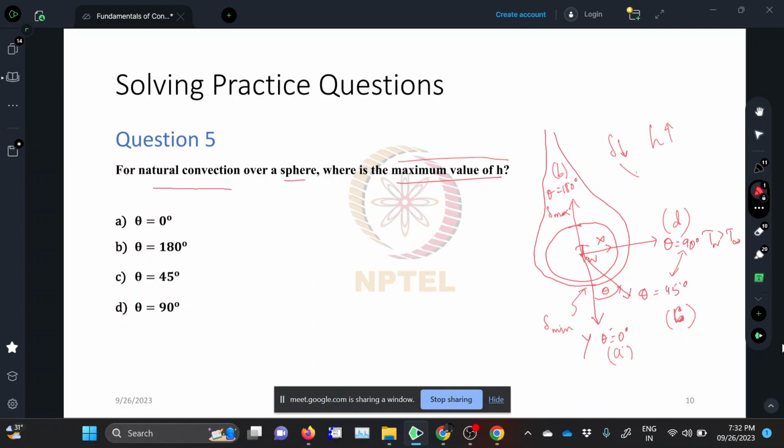So this would mean dou T, dou R would be high, and this in turn would mean that H would be higher, because as we know, H A delta T is the same as K into dou T dou R in this case. Get my point, right? So this being high would also mean that H would be high. So that's why option A is the correct answer over here.